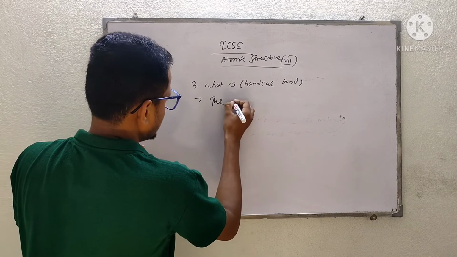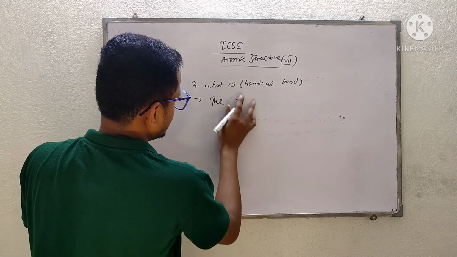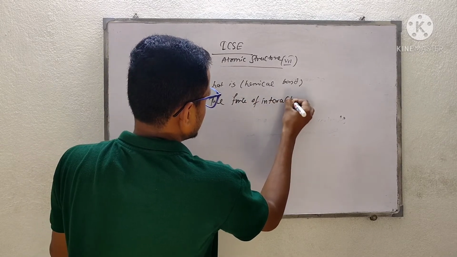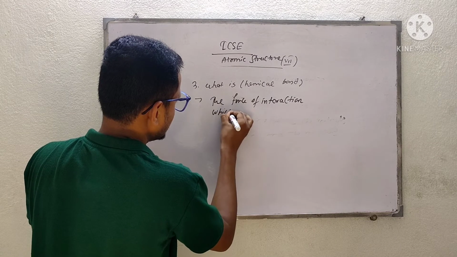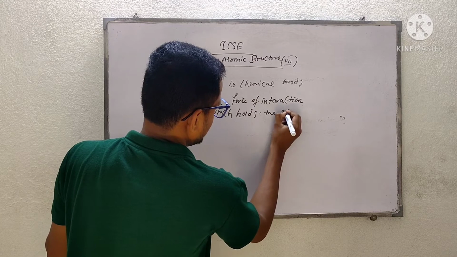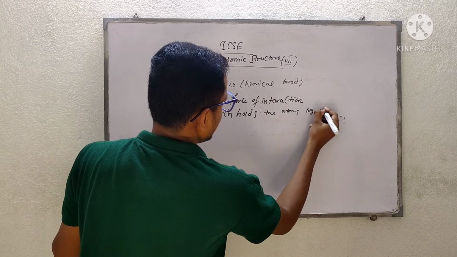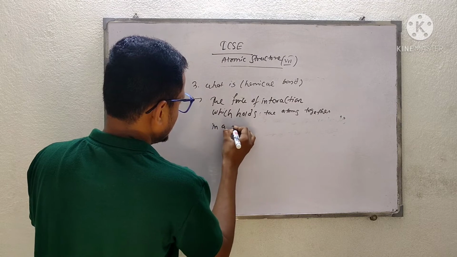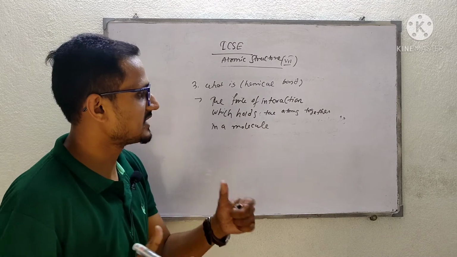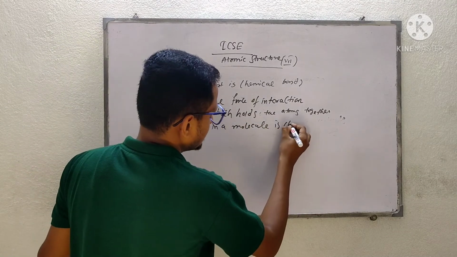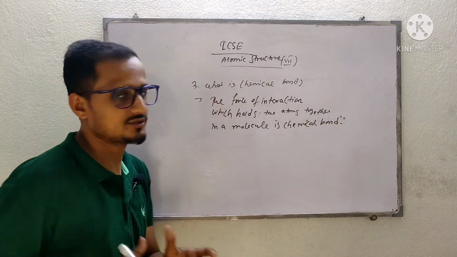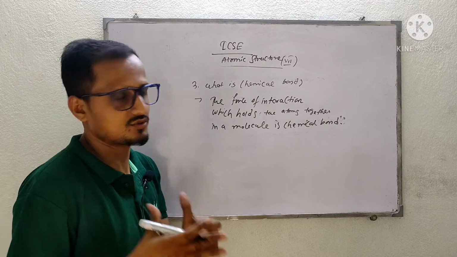The interaction force, or the force of interaction, which holds the atoms together in a molecule is called chemical bond. So chemical bond is nothing but the force of interaction which holds the atoms together in a molecule.